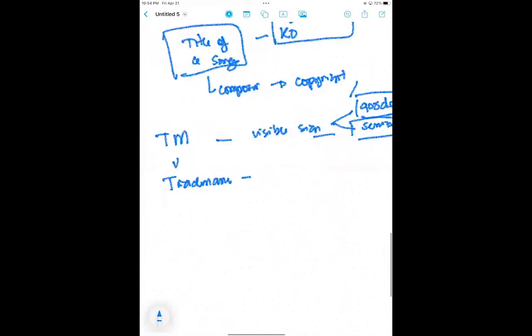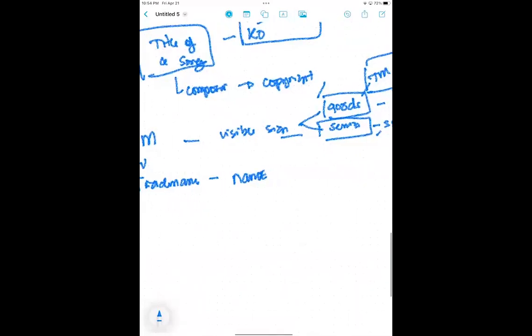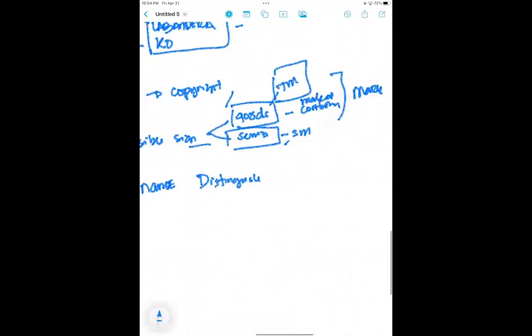Now, trade name, however, is not the same as trademark. It is a name used to distinguish an enterprise. So in short, ito yung pangalan ng tindahan o nung negosyo in order to differentiate this enterprise from similar enterprises.